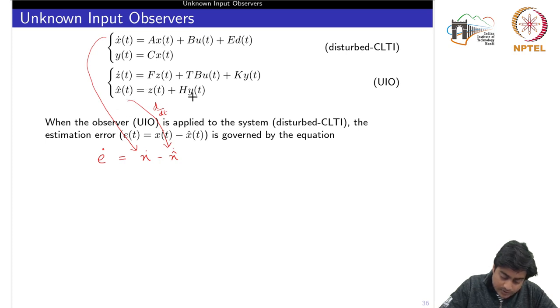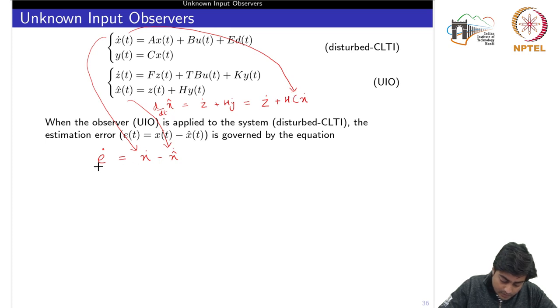In the output equation, the additional term I would get is x hat dot equal to z dot plus H y dot. Since y is equal to Cx, I can replace it by C x dot, and then again substitute x dot here.